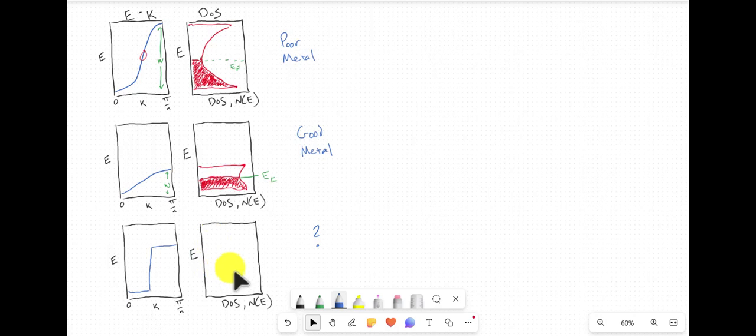What do we get for our density of states plots, given what we know about the general shape of the density of states as it relates to the E-k diagram? And then what would we categorize this? So I'd pause the video, stare at this for a little bit, and really think about how to translate this. And then what would I call this type of material?